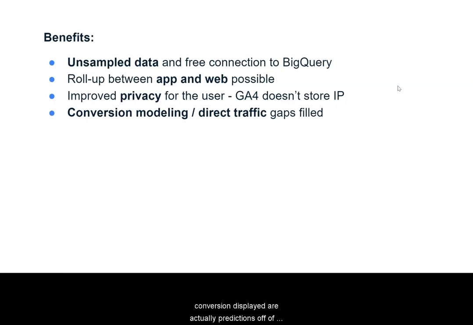So you may find some of the conversions displayed are actually predictions of users who they're not actually able to track specifically. Again, this is a bit of a blurry line, but it is predicting the full tracking of your site, where there are obviously more issues with third-party tracking at the moment.